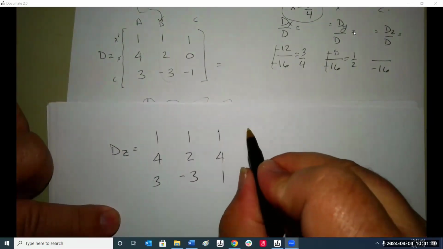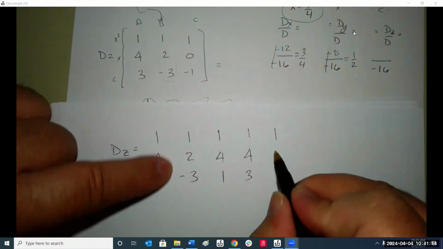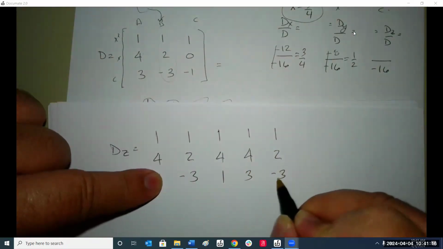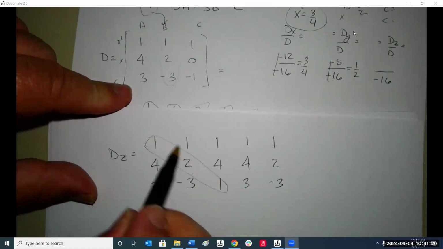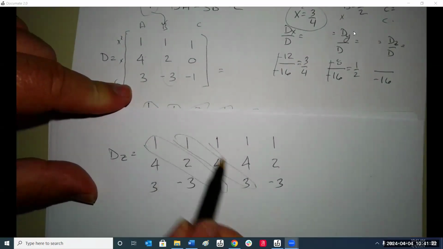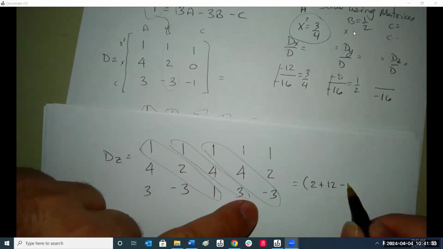Repeat the first two columns. And repeat. Multiplication, multiplication, multiplication, then add up all those. 1 times 2 is 2, is 12, is -12.